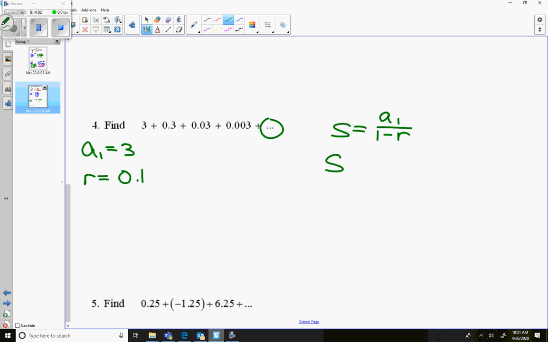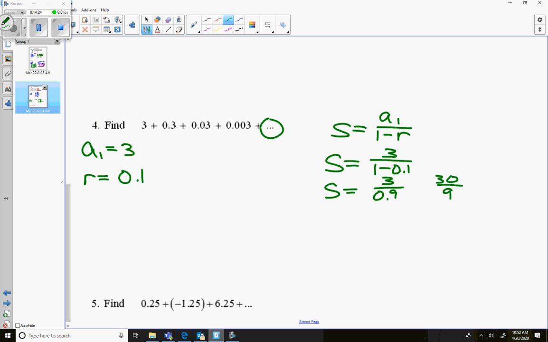Start with your formula. And again, here I'd move my decimals over one place, which basically makes it 30 over 9.